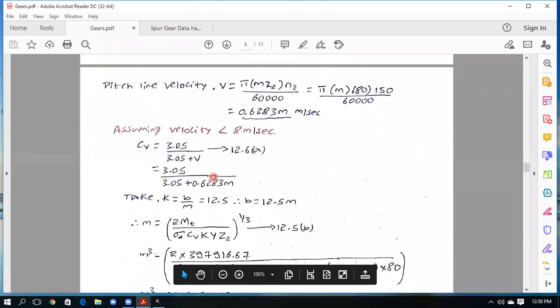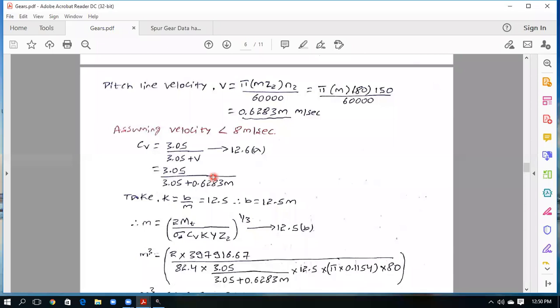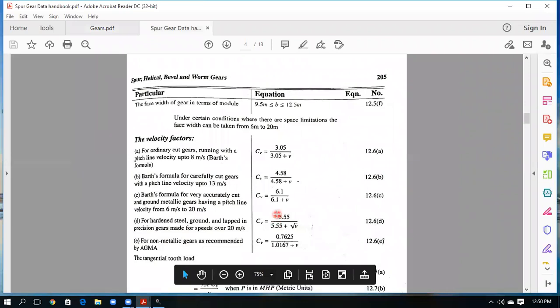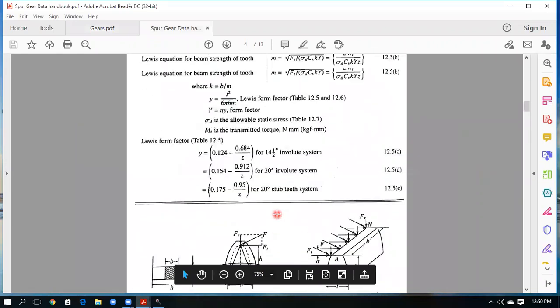Now see the procedure. Next you need to calculate the module. Why? Because in the velocity factor the module is unknown, and in this also m is unknown. I need to calculate the module, which I am going to take from the 12.5b module formula.